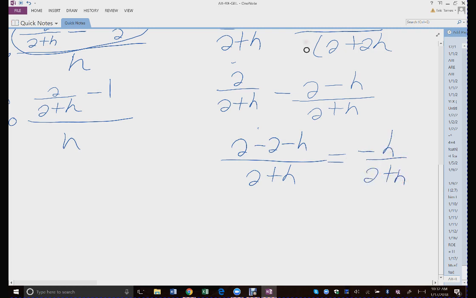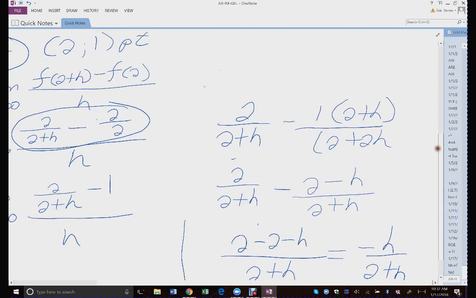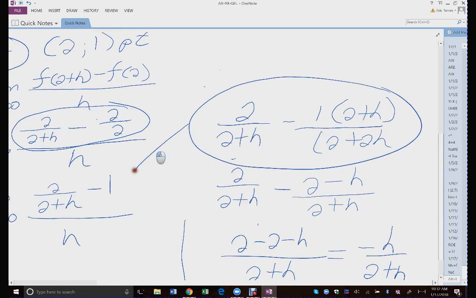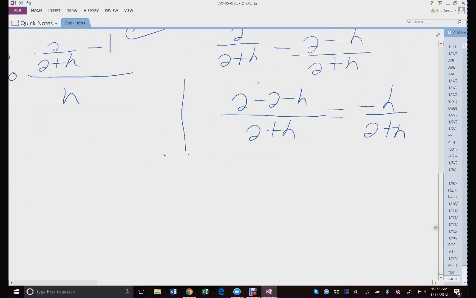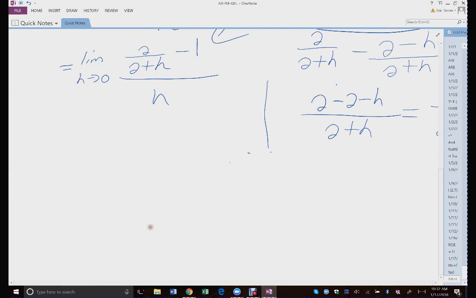Please don't forget what we were doing. We were only attacking the numerator. That's all. So we have simplified the numerator, and now I'm going to put in that new numerator.